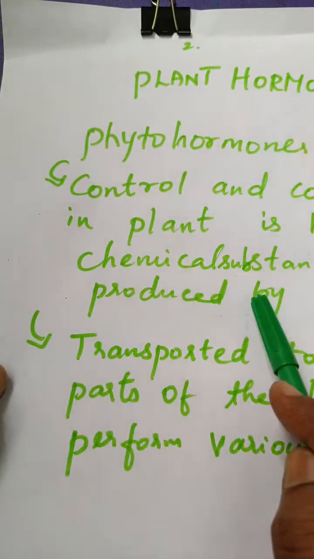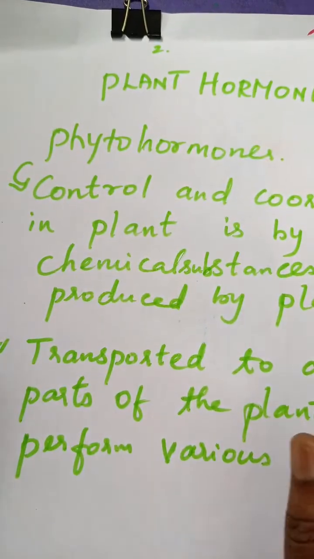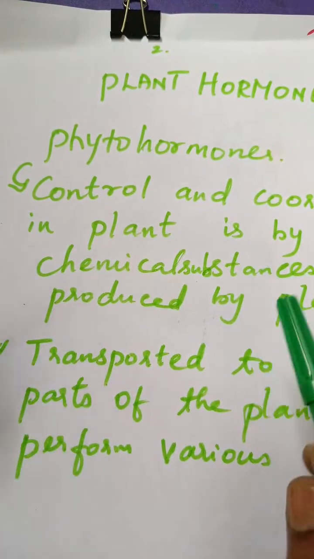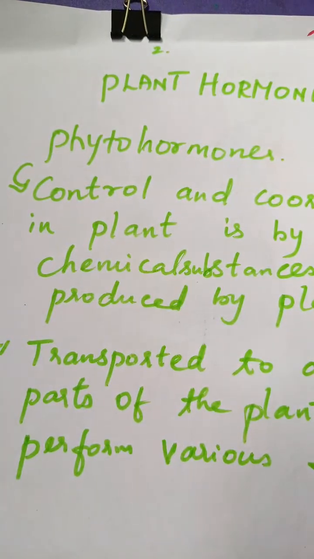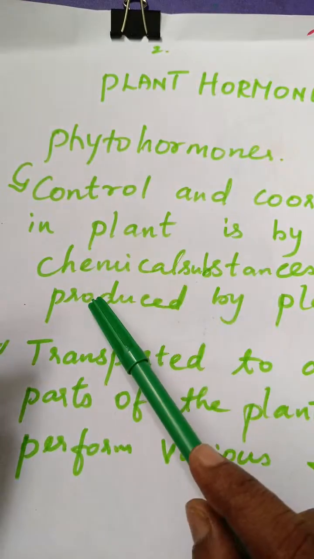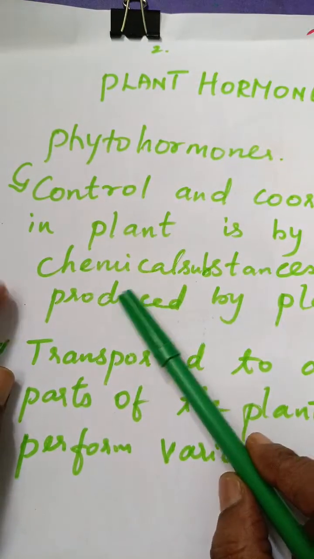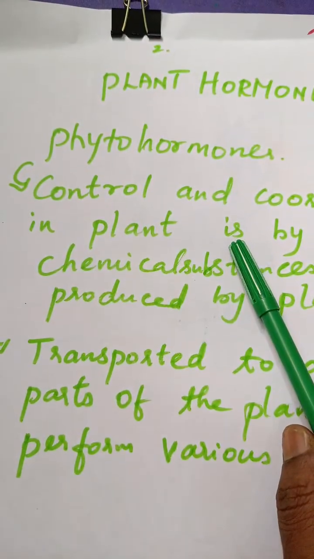Now in the class 10 level, you can just know what a phytohormone is, what its functions are, and how they control and coordinate in plants. During the nervous system I explained that hormones are chemical substances produced by the endocrine glands.